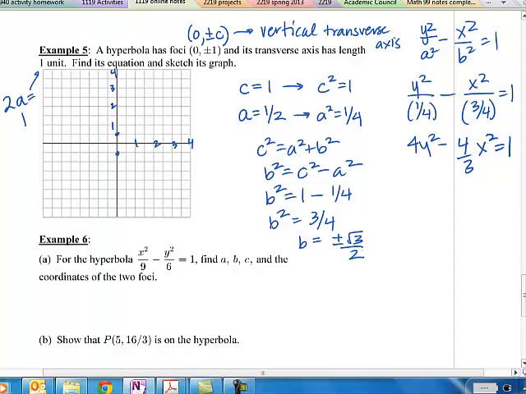Square root of 3 over 2 is going to be somewhere between a half and 1. So the best we can do is estimate that and then sketch in the asymptotes and then connect the rest of the plot. Take the vertex on each side and head toward the asymptotes.